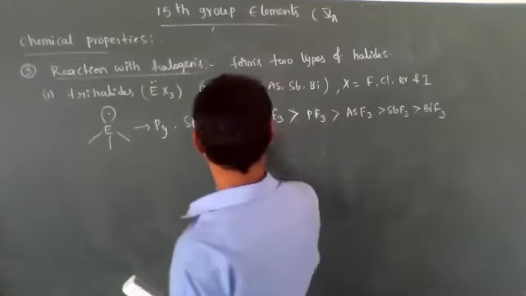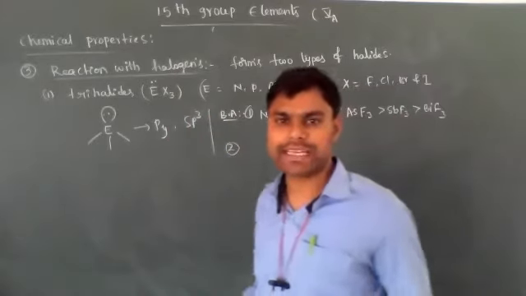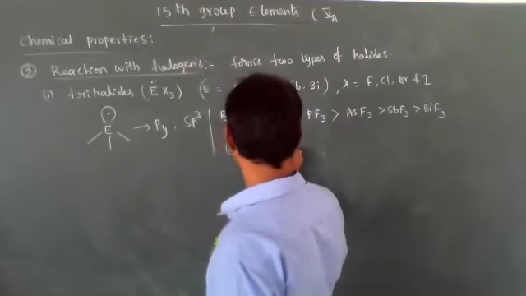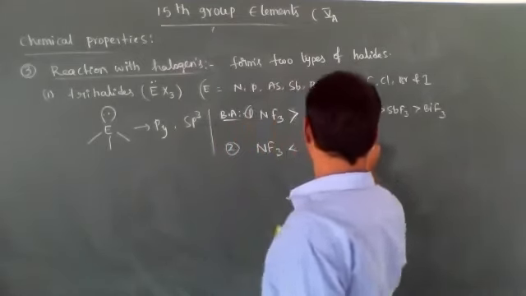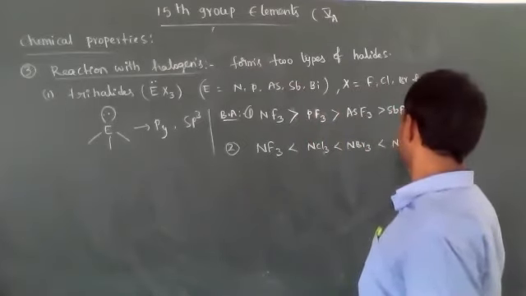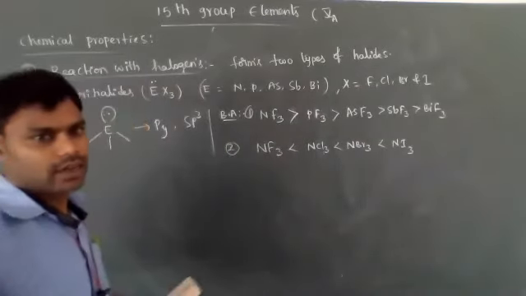This is the first point. Another point: the central atom is the same, but as the bonded atoms' electronegativity decreases, the bond angle increases: NF3, NCl3, then NBr3, and then NI3. So these are the different bond angle orders.